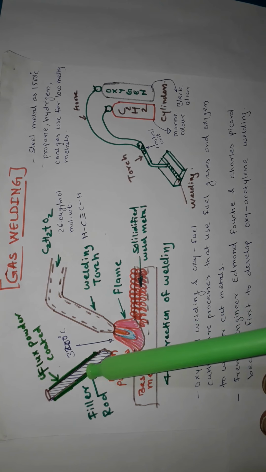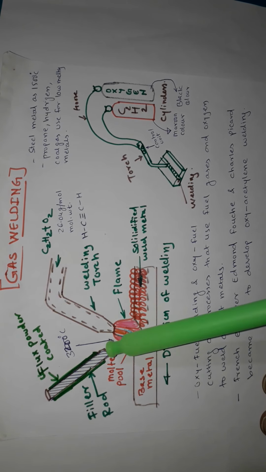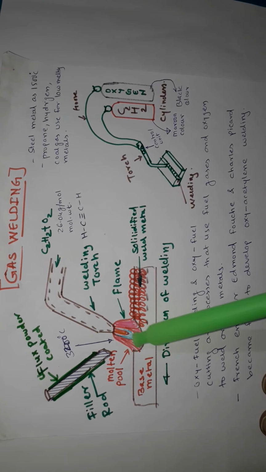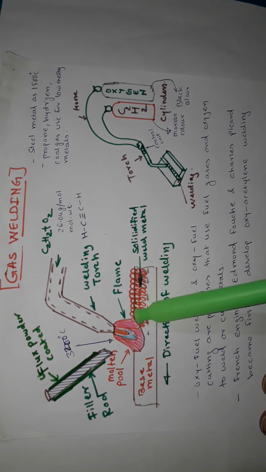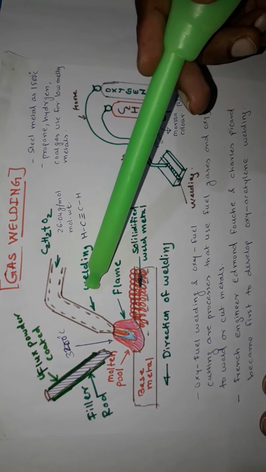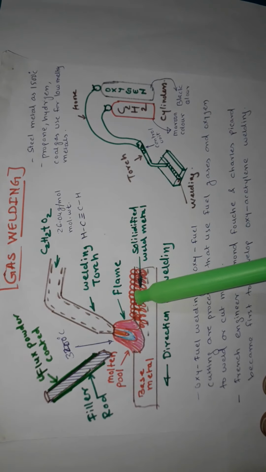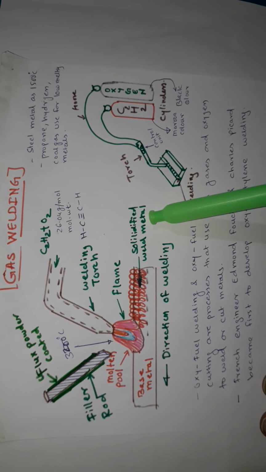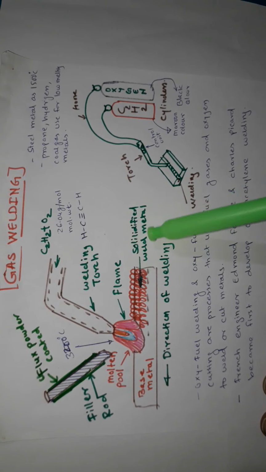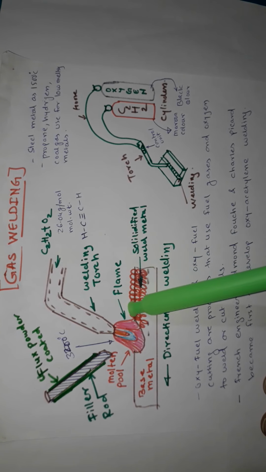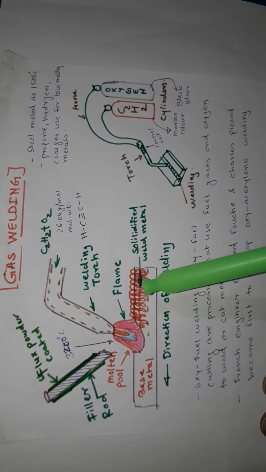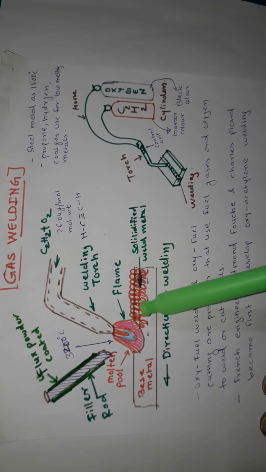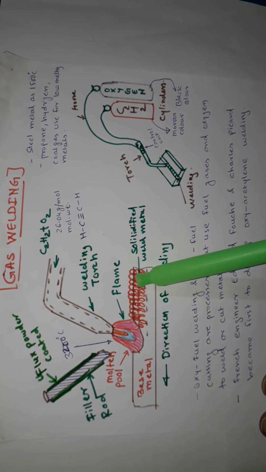And whenever the filler rod comes in contact with this high temperature, it melts and deposits over the welded zone. After cooling you can see that this is the solidified weld material, depositing over the base metal, and the two metal pieces are joined.